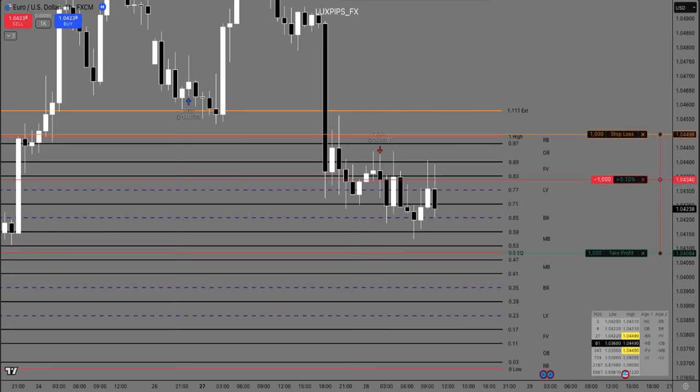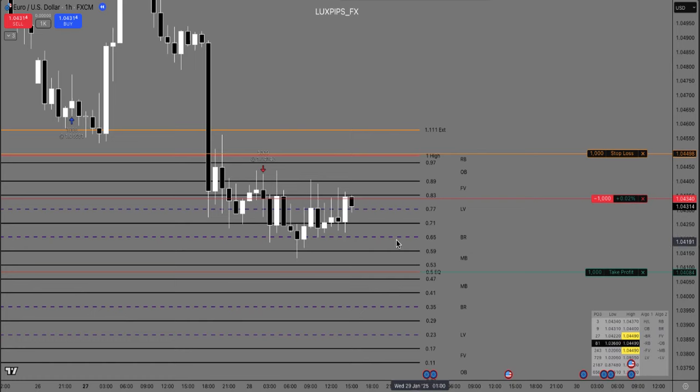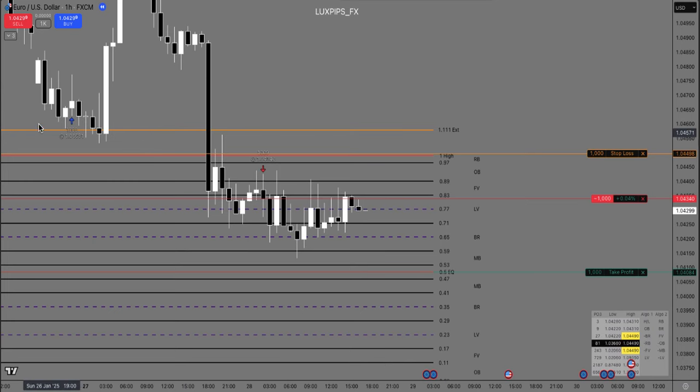So it looks like it's retracing. Alright, so it came back. Let's see if it finishes off. I will still hold on to the trade as this FE level seems to be holding. Right here, right?